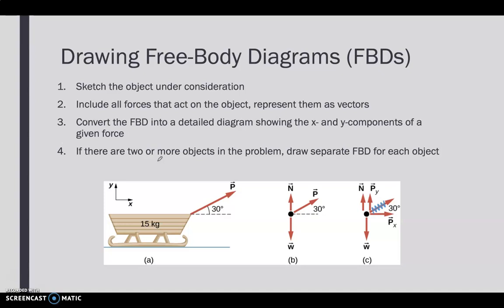And if there are two or more objects in the problem, draw separate free body diagrams for each object. Okay, so we have this process here. We start with this sled with some sort of pulling force, and then we break that down into its x and y components here, okay?